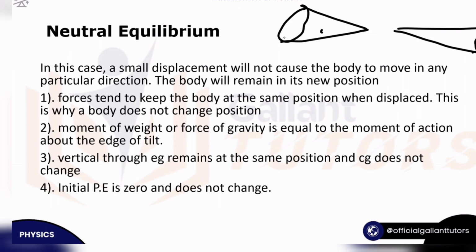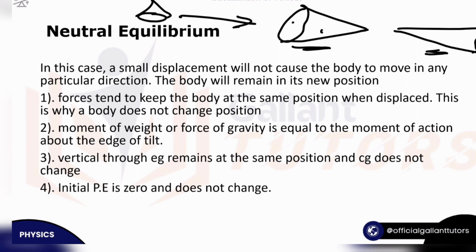No, the orientation has not changed. If it were to be like this, and then it becomes like this, then you can say this is unstable equilibrium. But since it has always been like this, we call it neutral equilibrium. It does not return to the same position which it was in before displacement, but its orientation remains the same.